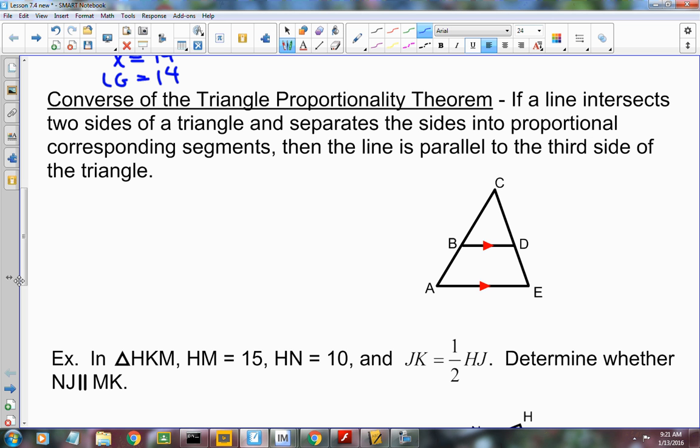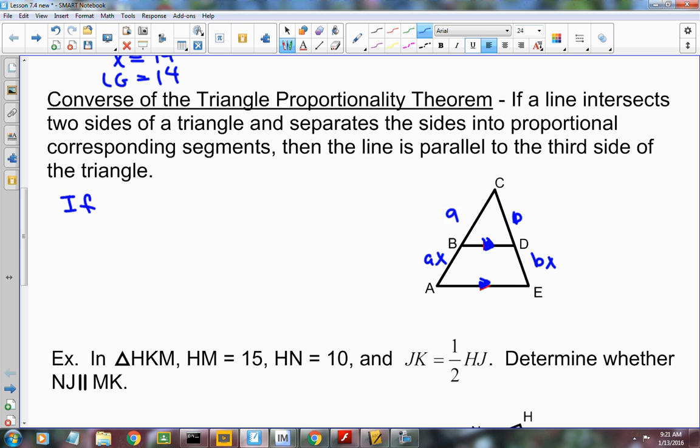Okay, so what that says is that if this line BD breaks the two sides of the triangle into proportional parts. Okay, so if this happens, A is to AX as B is to BX. If that happens, and this intersects both sides of the triangle, then you can say that these two lines here are parallel to each other.